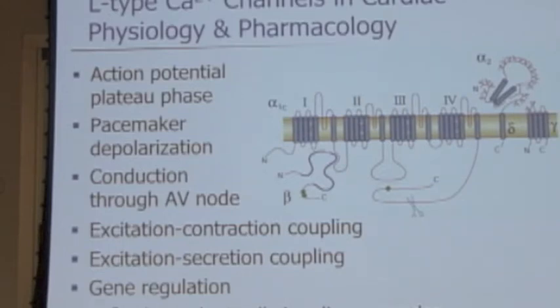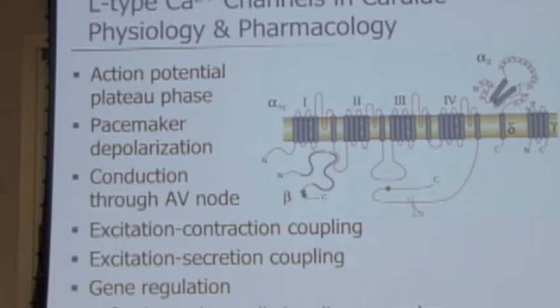This is a schematic of the L-type calcium channel shown here. It's a four-domain protein, a voltage-sensitive channel with the cytoplasmic beta subunit, an alpha-2 delta subunit, with the alpha-2 being primarily extracellular, and a gamma subunit.